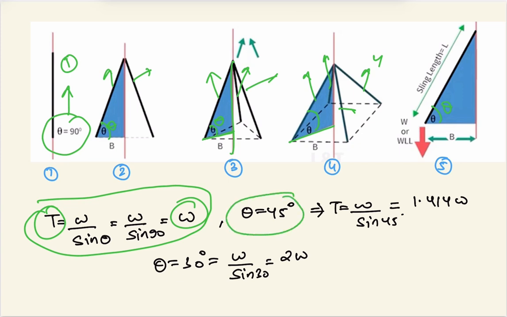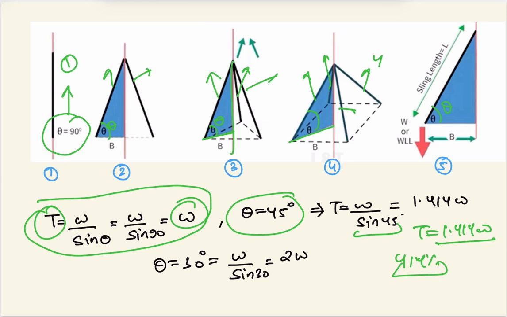When theta is equal to 45 degrees, then the tension is equal to W over sin 45 degrees, that is 1.414 W. Here the tension is equal to 1.414 W. So there is an increment of 41.4% in the weight on the sling; the sling will experience 41.4% more weight.